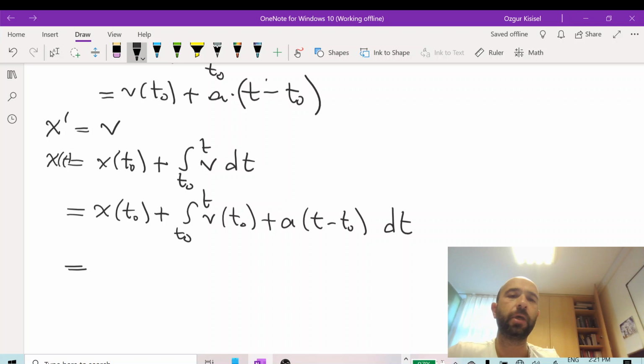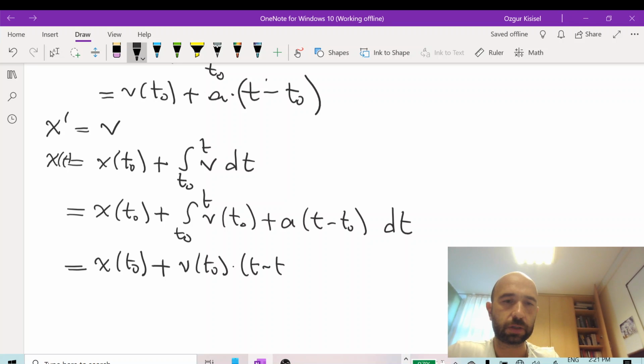So it's now a matter of integrating this quantity. From the v(t0) term, which is a constant, you'll just have v(t0) times t minus t0. Now, a times t minus t0 is not a constant anymore. Its antiderivative is t minus t0 squared over 2. That's actually what you get.